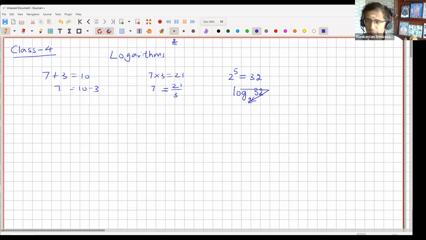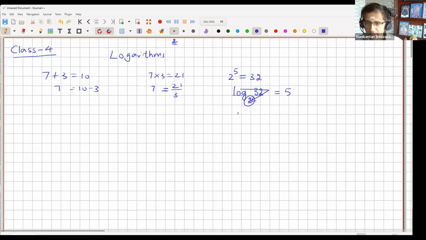So log 32 to the base 2, right, is what? Is 5. So base is written slightly below the level at which the log is. Log and the resulting value are written at the same level. So base alone is slightly to the bottom, right? So log 32 to the base 2 is 5.